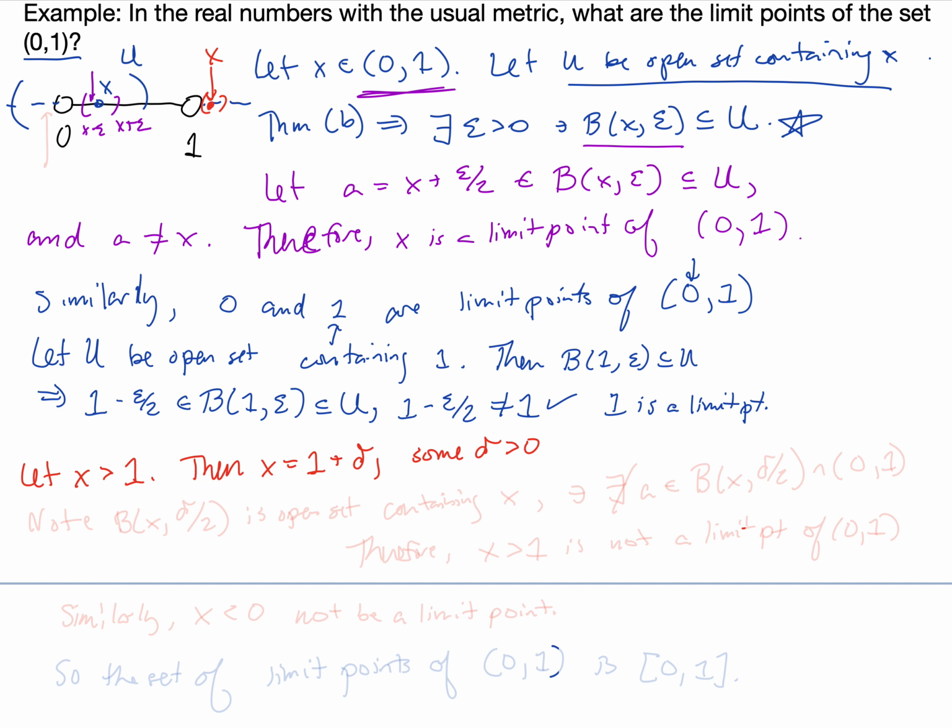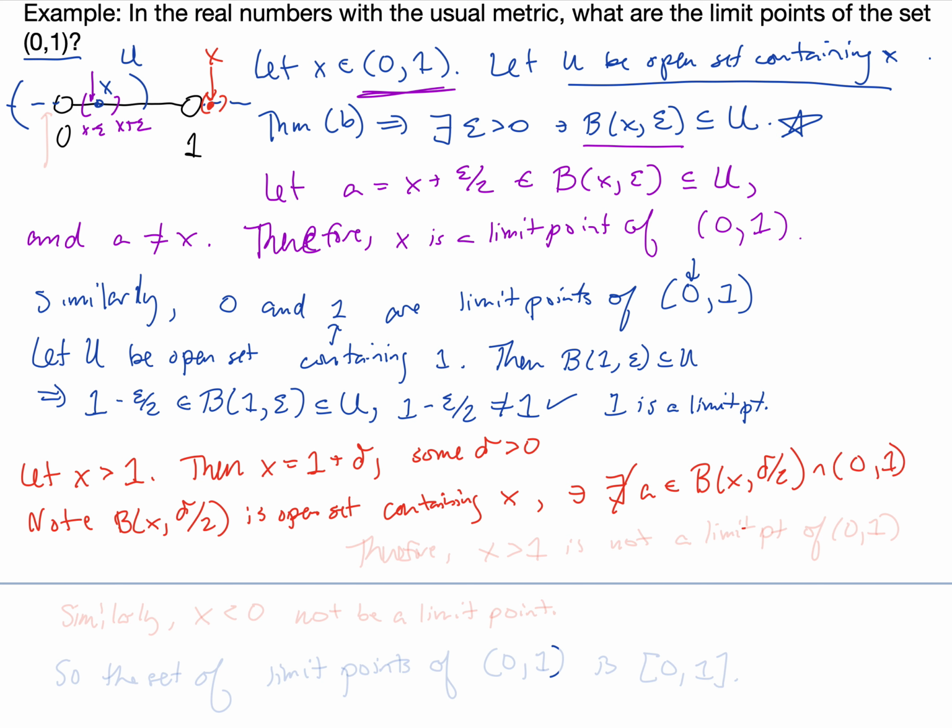Sure, we definitely can. So let's think about the ball centered at x with radius delta over 2. Note that the ball centered at x with radius delta over 2 is an open set containing x that has no intersection, such that there is no A in the intersection of this ball and the set (0, 1).